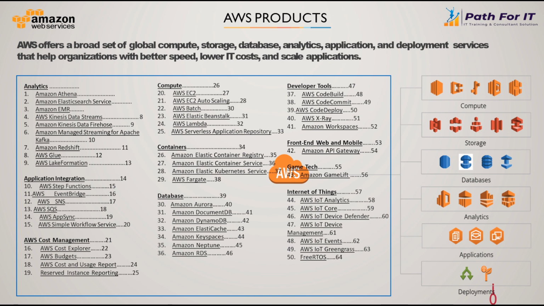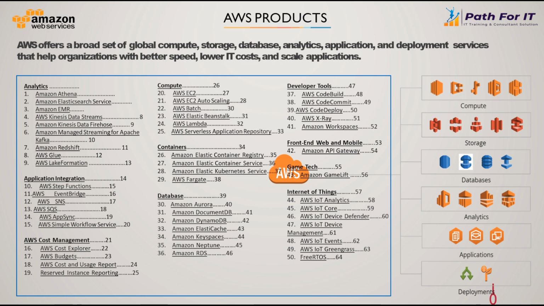Now we'll try to understand AWS products. AWS offers a broad set of global compute, storage, database, analytics, applications, and deployment services that help organizations with better speed, lower IT cost, and scale applications.